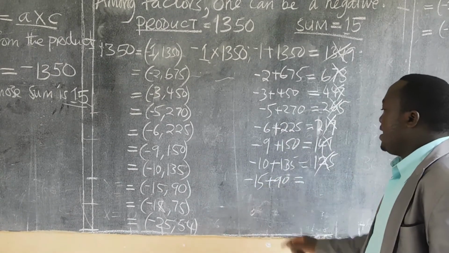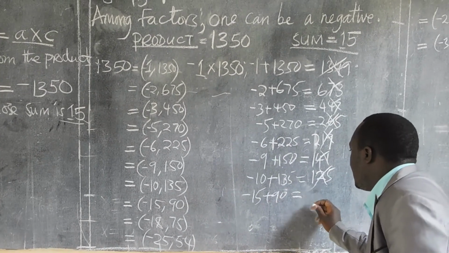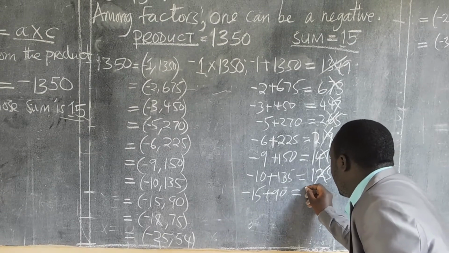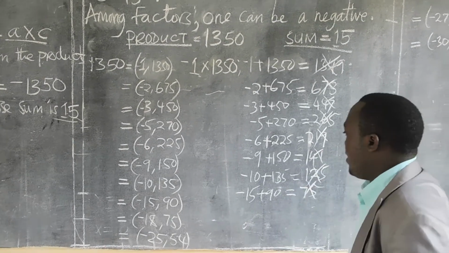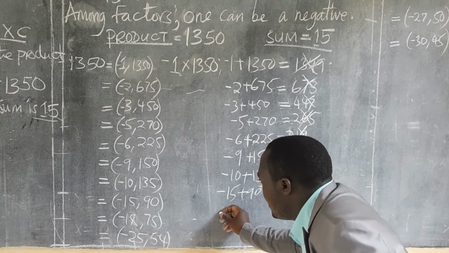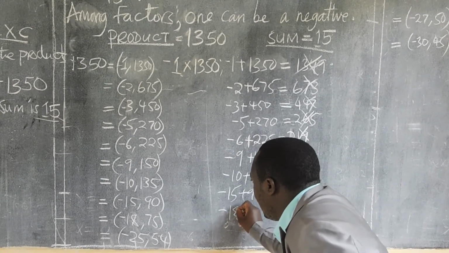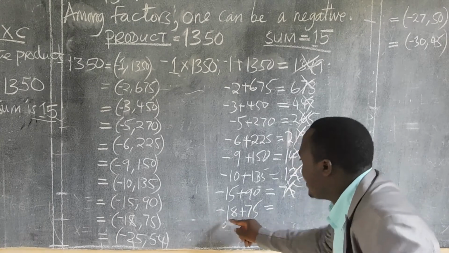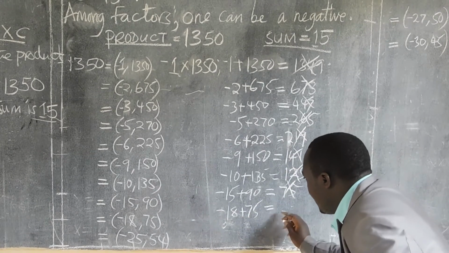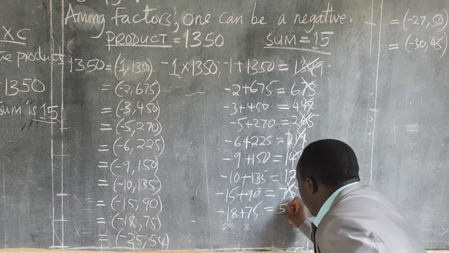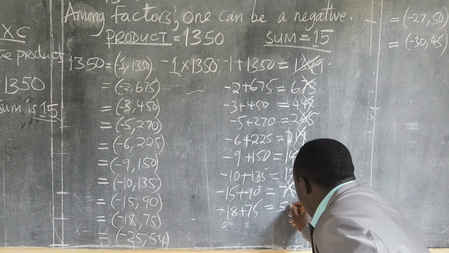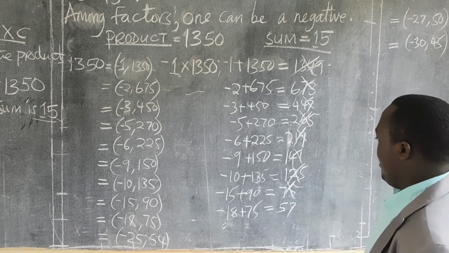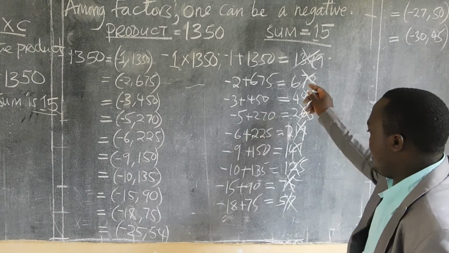Means you take 90 minus 15, you get 75, which is not correct. The same to here. Taking negative 18 plus 75. Means take 75 minus 18. You will get 57, which is not also correct.